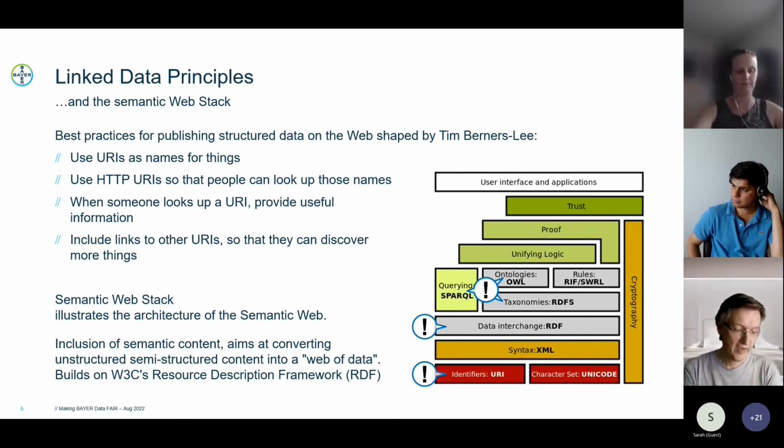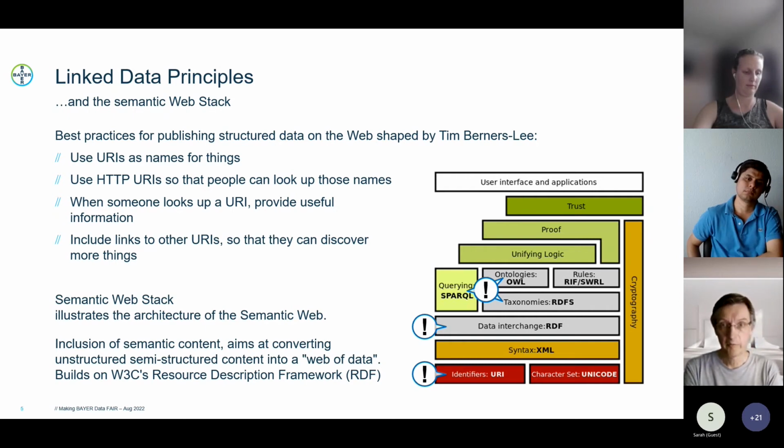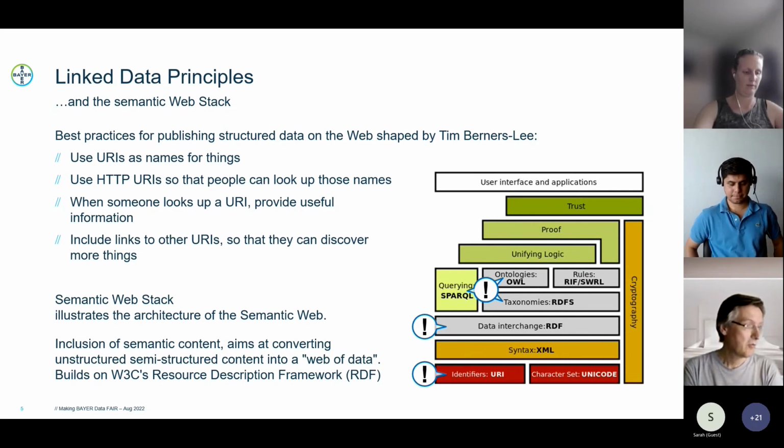Fairness itself doesn't give you any technical implementation, but we found that the linked data principles and the semantic web stack were developed for the semantic web a couple of years ago. So they were proven, they work. We know they work because companies like Google use them very efficiently. So we went with that as our technology stack to implement a tool that gives us findability.